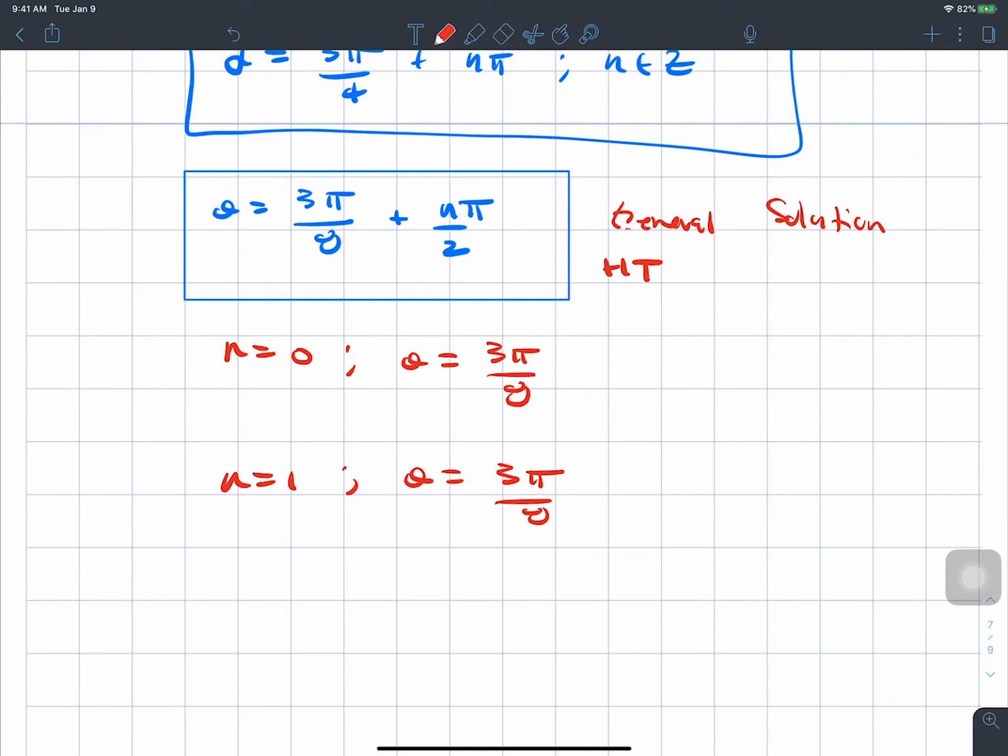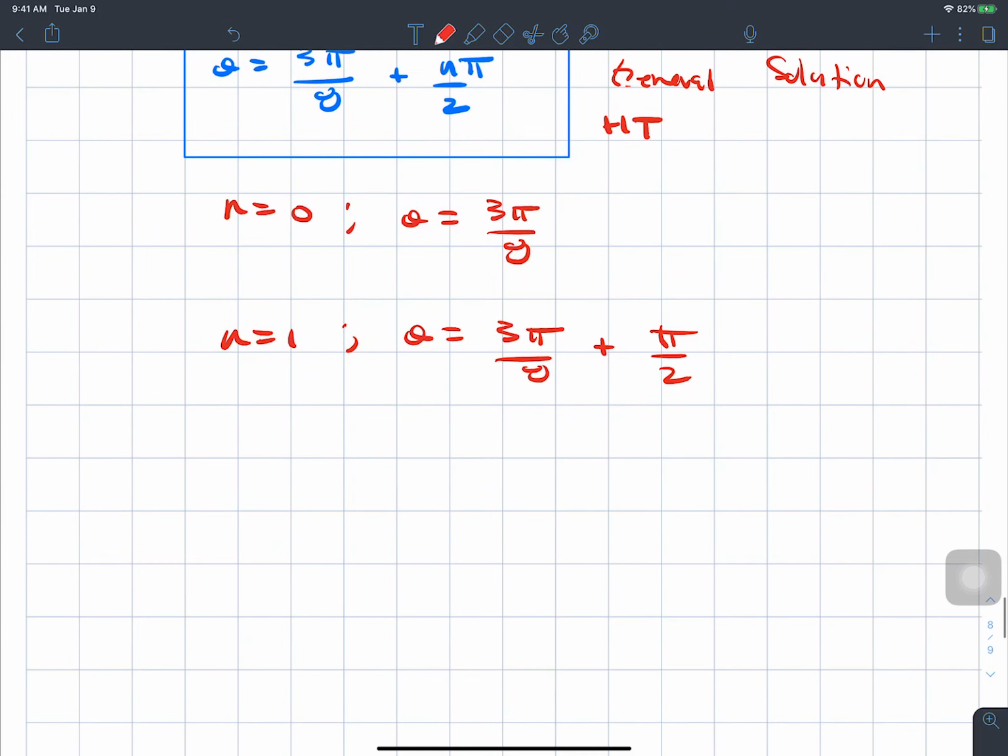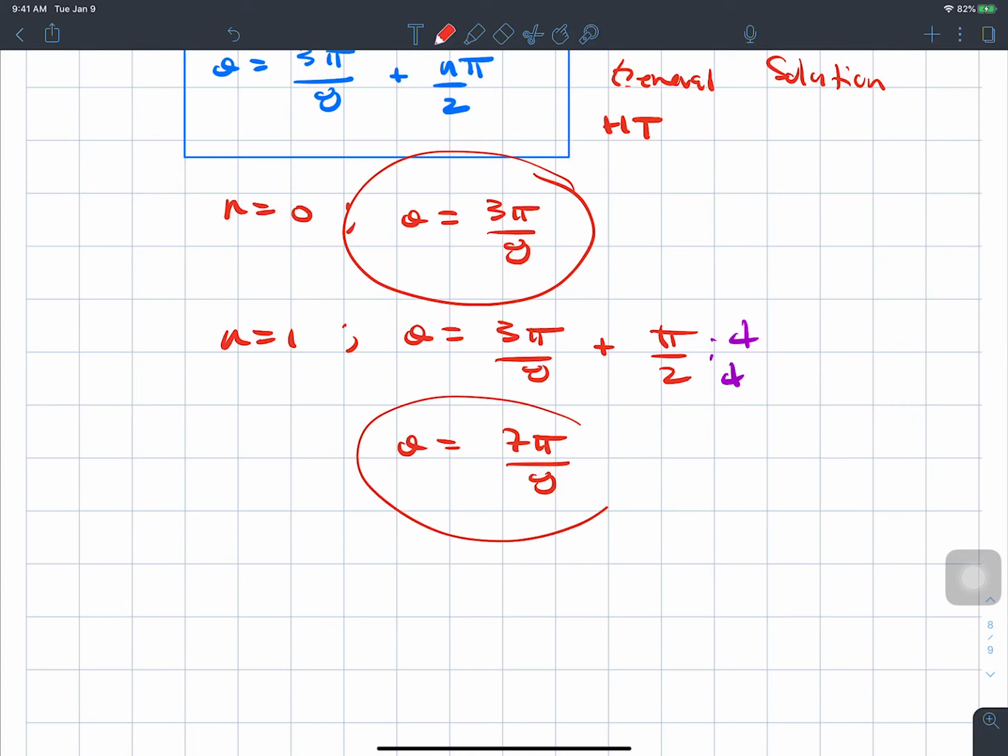It's 3 pi over 8 plus pi over 2. Multiply the bottom by 4 and the top by 4. So your next value for theta will be 4 plus 3, looks like it's 7 pi over 8. So here are 2 solutions that we look at for horizontal tangents: 3 pi over 8, 7 pi over 8.